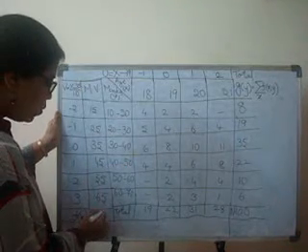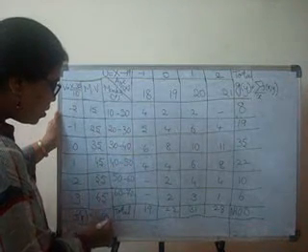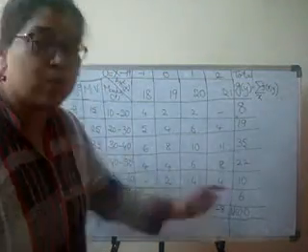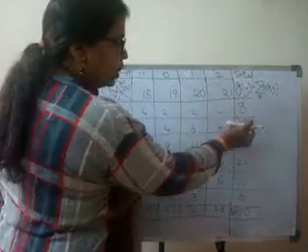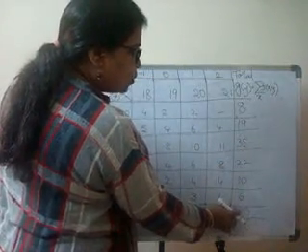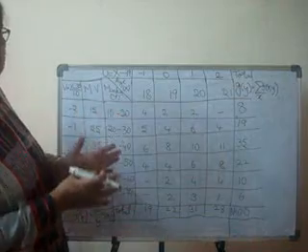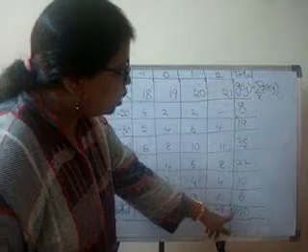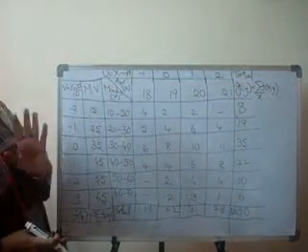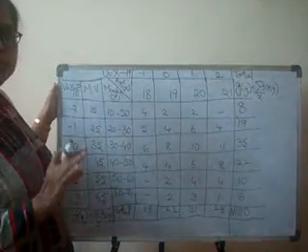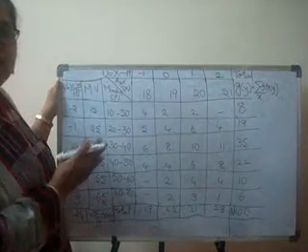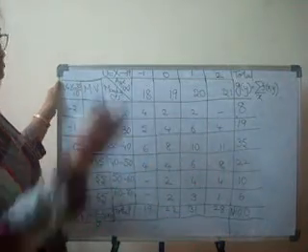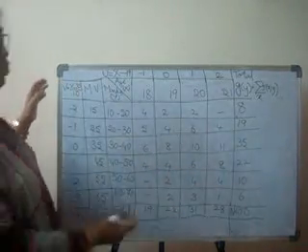So we have added over all the columns. All the columns we have added, that is equal to N equals 100. And all the rows we have added, that is equal to 100. In a two-way table, the column total should be equal to the row total, that is the overall total, both the totals should be the same. If you are not getting the same, then you have to stop and recheck your problem. There is a mistake, that is the reason you are not getting row total equal to column total.